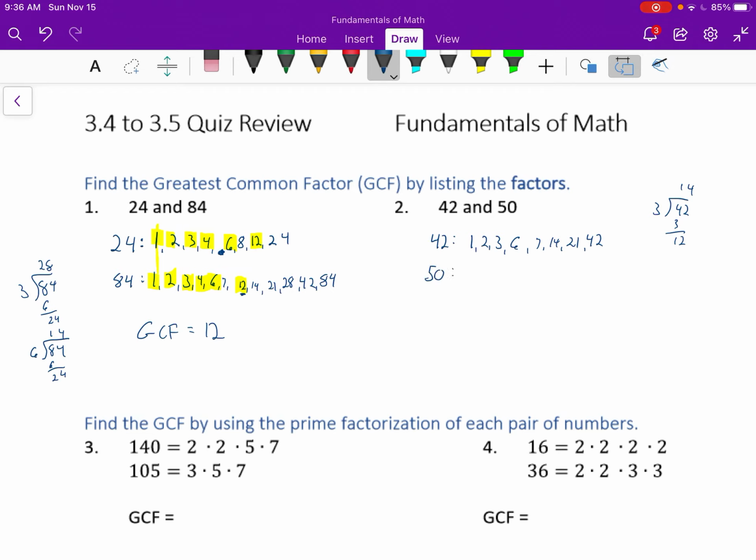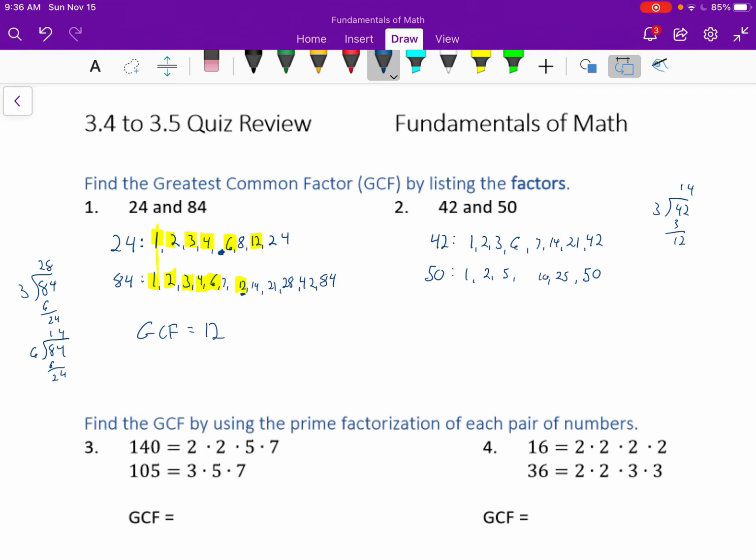Now we do the factors of 50. 1 and 50. 2 times 25. 3 doesn't. 4, 5. Yep, 5 times 10. And I believe we're finished. That's the last one. 6, 7, 8, 9 don't go into 50. So there are the factors of 42 and 50.